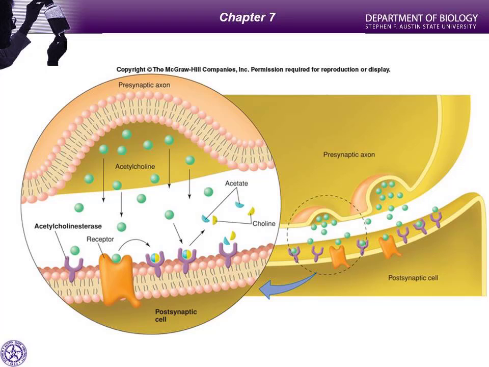And you have to stop the signal and reset so you can have the capability of having a second action potential or subsequent action potentials repeatedly and quickly. So once you break down acetylcholine to acetate and choline, it's taken up into the presynaptic cell, recycled, so you can make more acetylcholine.